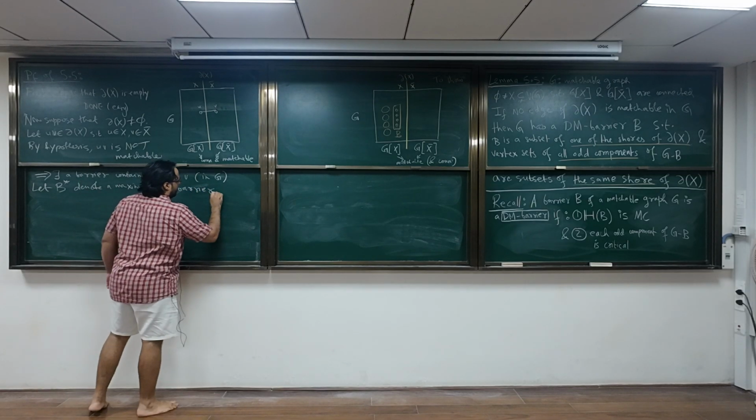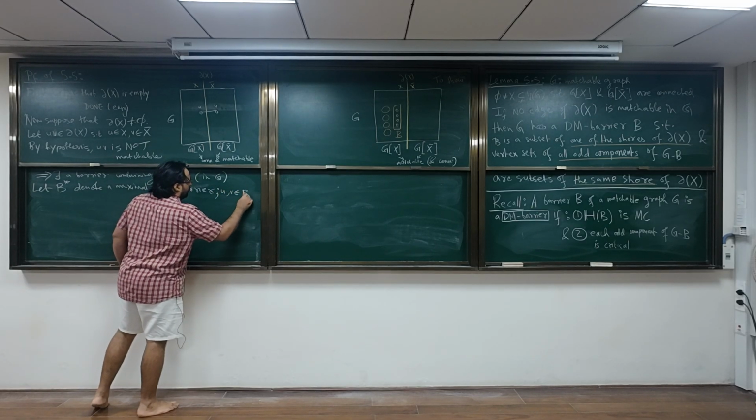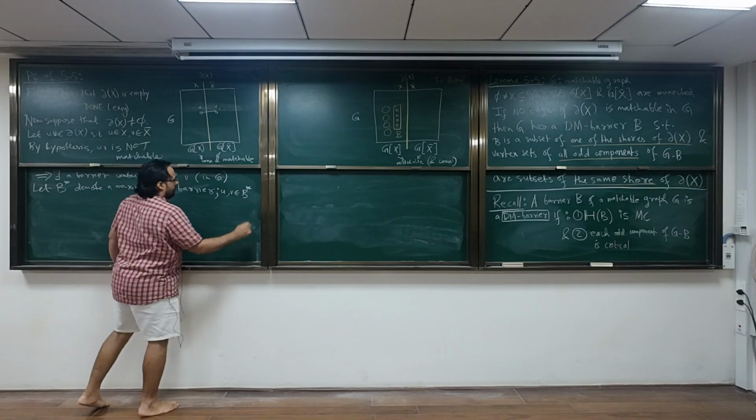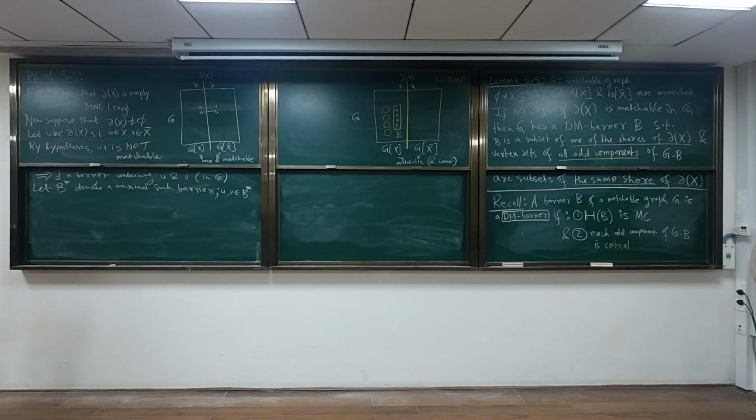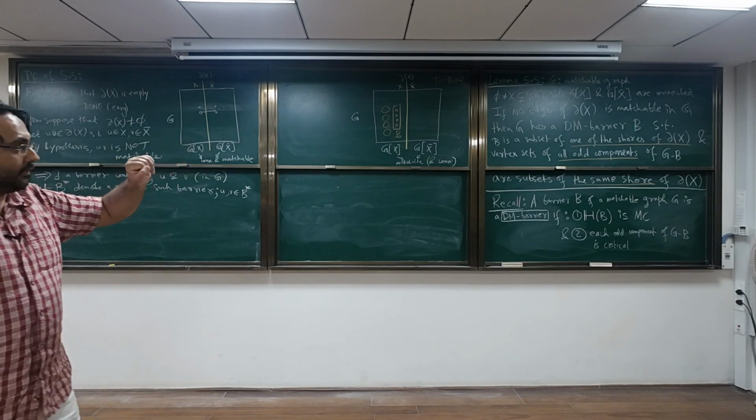In other words, u and v belong to B star. So we have a maximal barrier containing these two vertices, but we want to show the existence of a Dulmage-Mendelsohn barrier. Right, that's what we want.